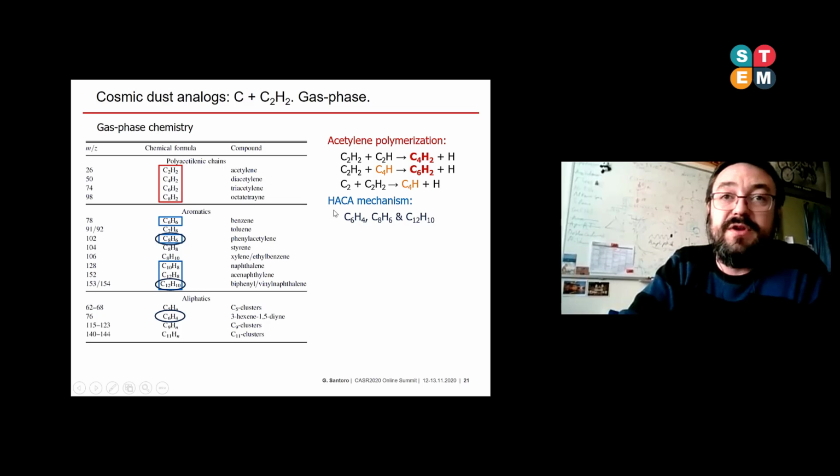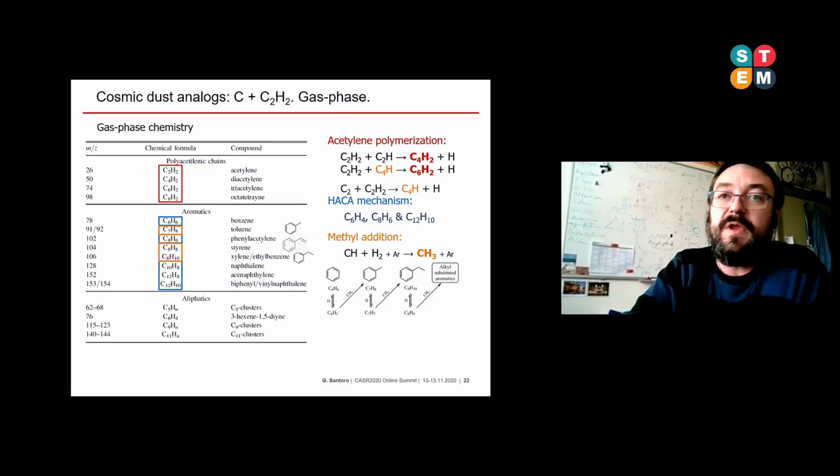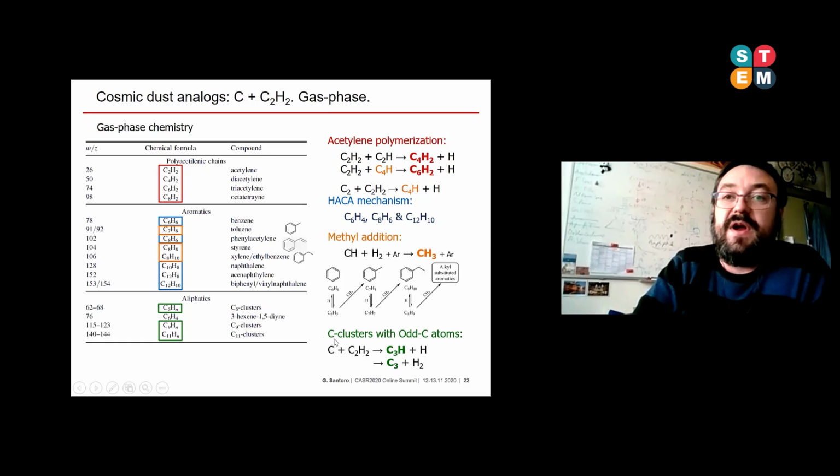But here, the interesting point is that there are other aromatics with aliphatic substitutions, like these ones that I highlight here, that are not predicted by the HACA mechanism. And we rationalize the formation of these species through a process called methyl addition, that is mediated through the formation of a methyl radical that might come from the detected CH, and also the formation of carbon clusters, starting from atomic carbon.